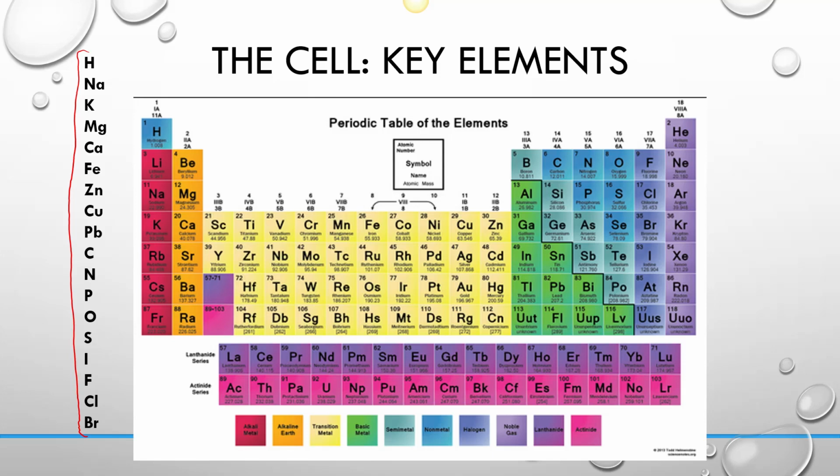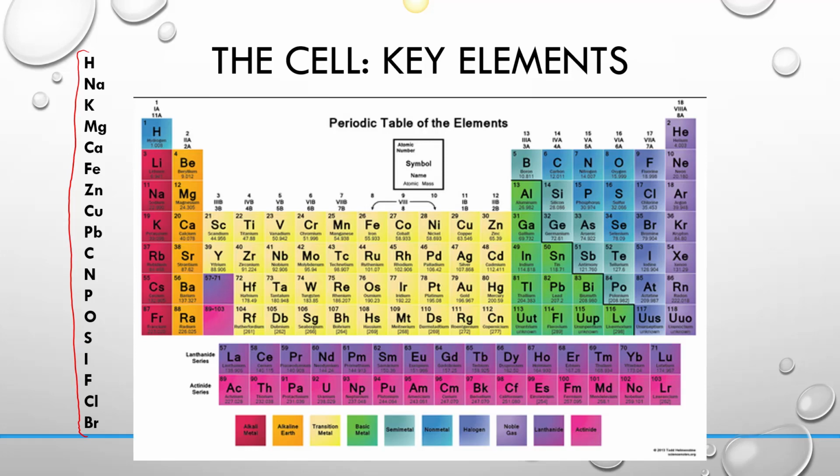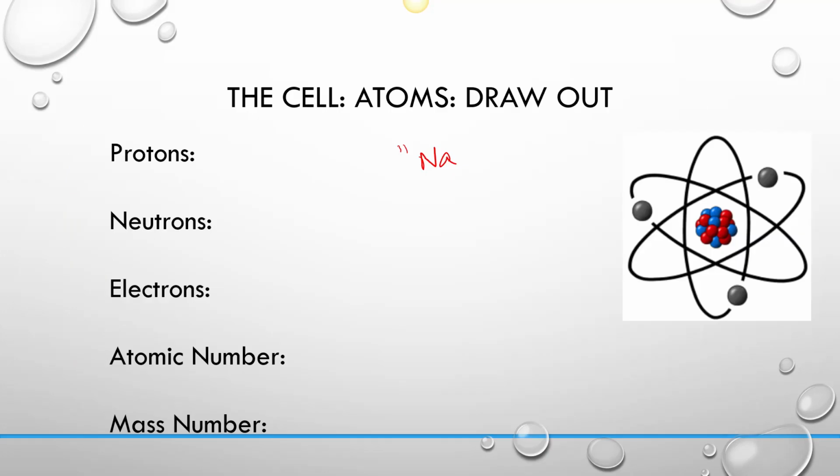So if we want to determine the number of protons, neutrons, and electrons for something like sodium, we would have Na, 11, and then 22.99, so we'll round that to 23. So sodium, this is sodium's atomic number, which is the number of protons.